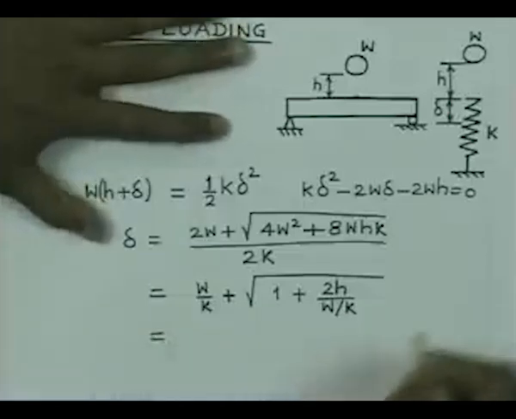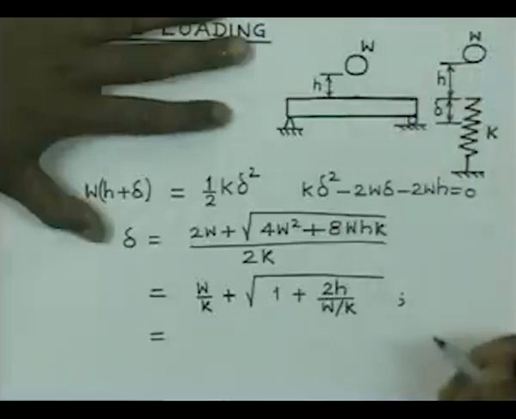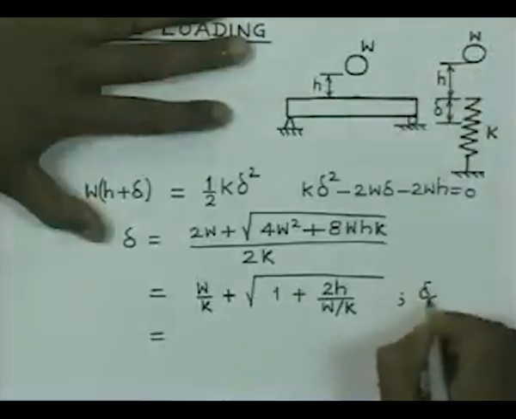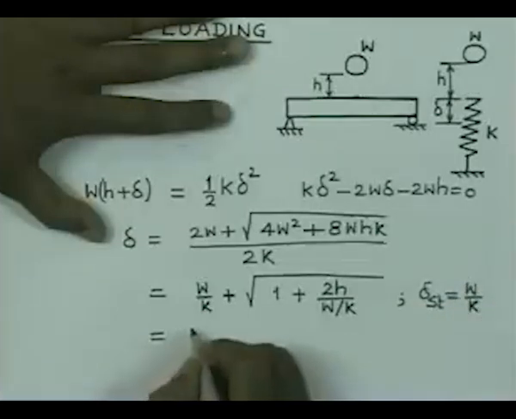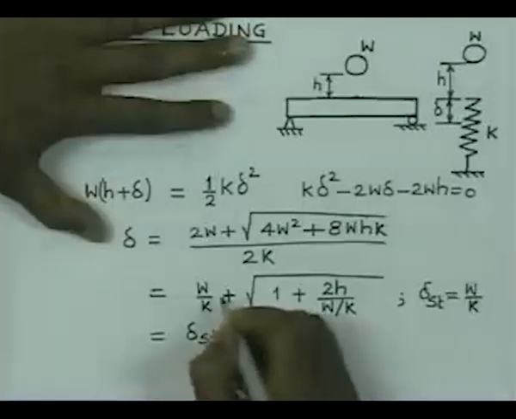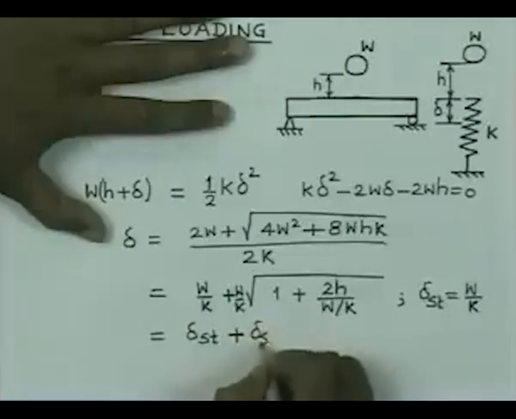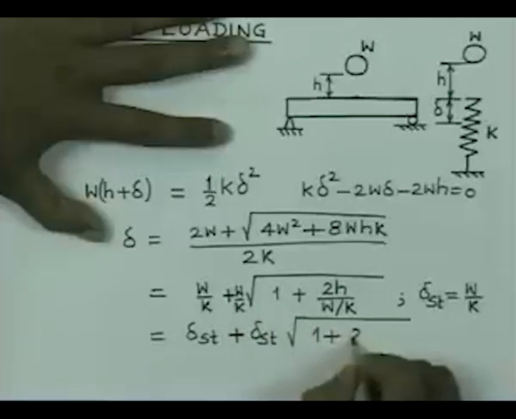Now, if that weight W was applied statically on the component, we would have got the deflection delta static, which is nothing but W by K. So we can write this as delta static into 1 plus twice h by delta static.